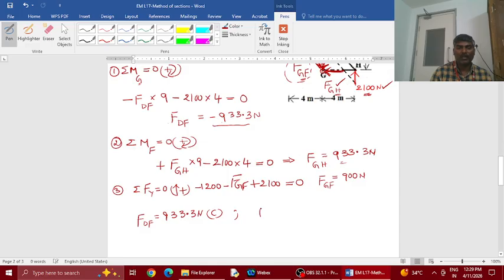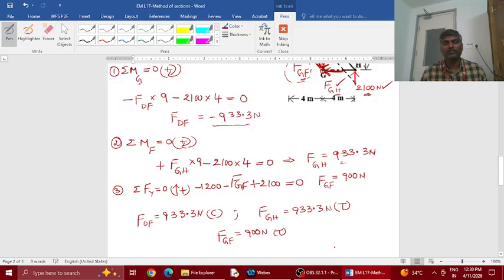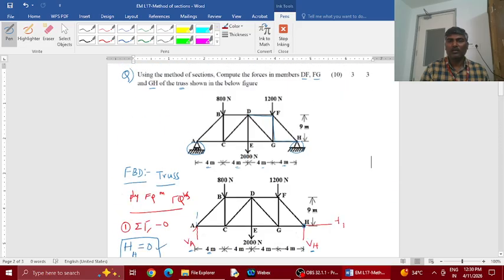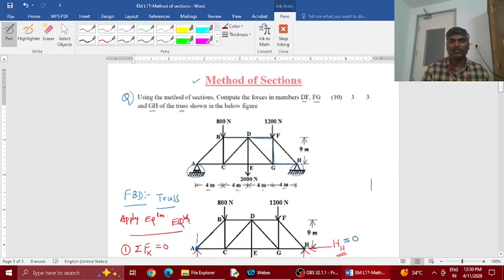That is one value, and F_GH is 933.3 Newton tension, and F_FG value is 900 Newton tension. So this is how we solve the given truss with the method of sections.